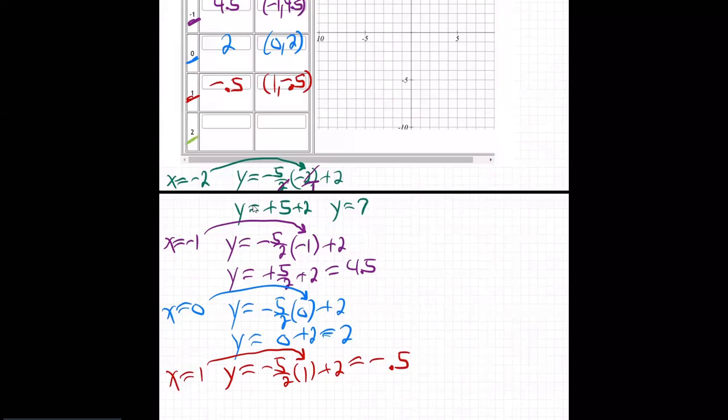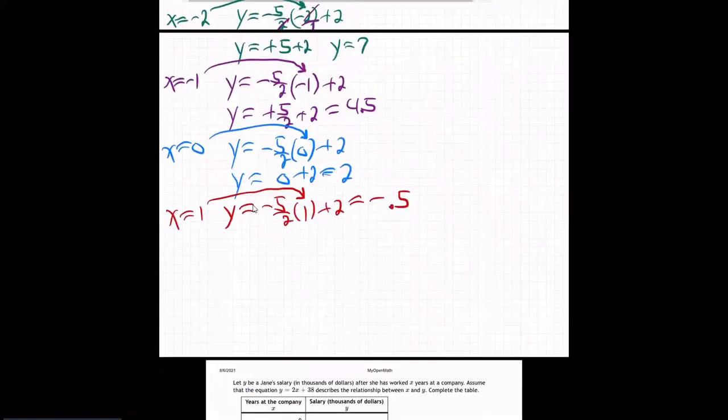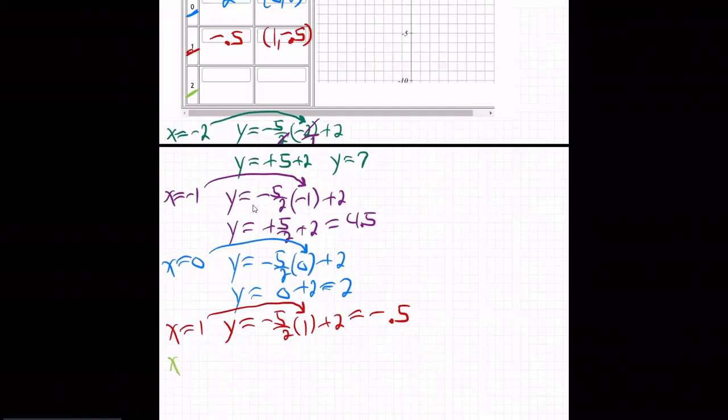And last one, x is 2. Plug in there. X is 2. Hit the buttons on your calculator, you'll get -3. So that's 2, -3.